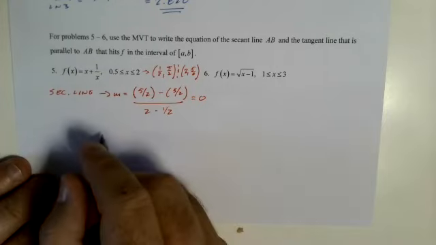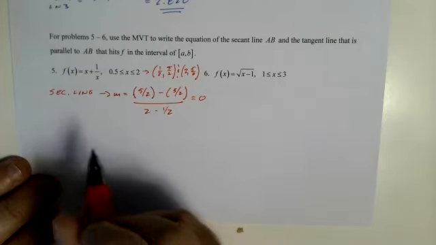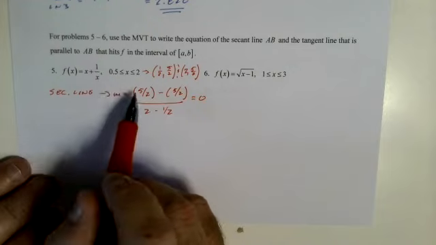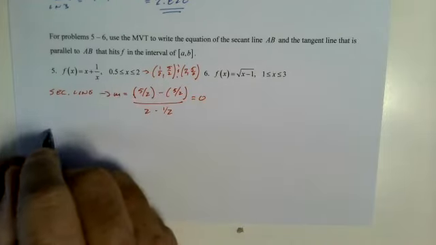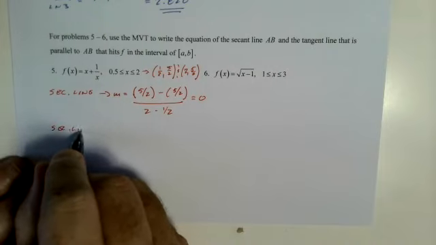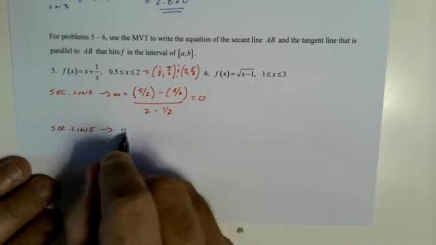Okay, so slope is 0. You always get 5/2, so secant line y equals 5/2.